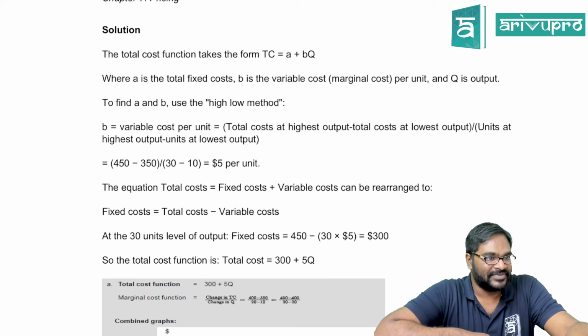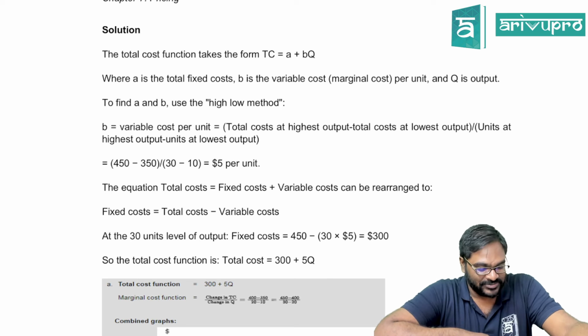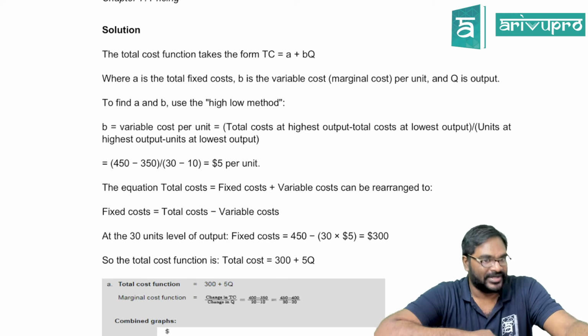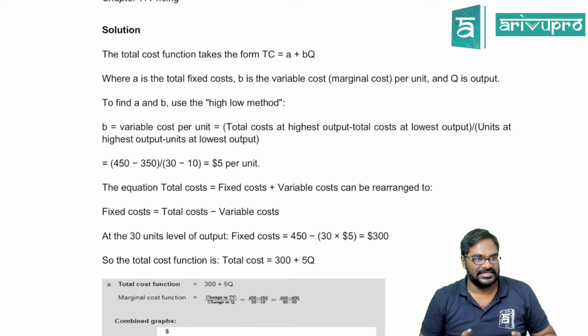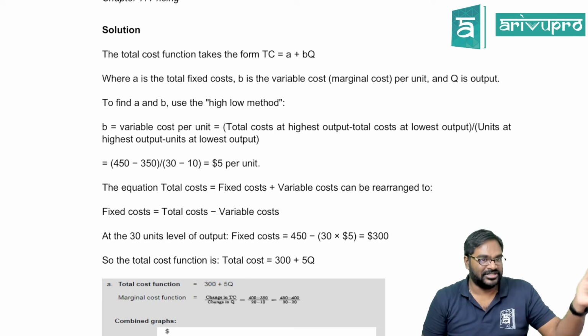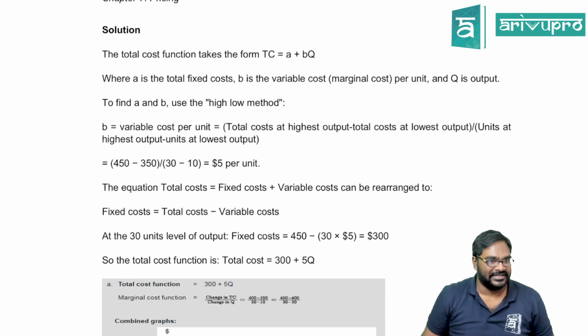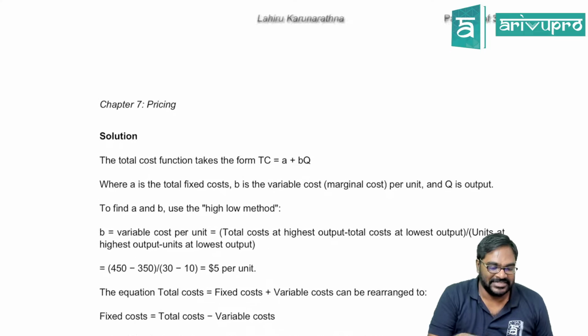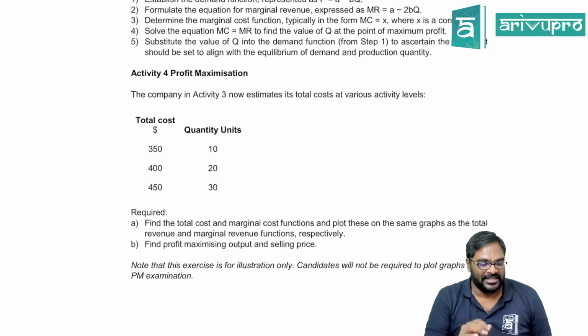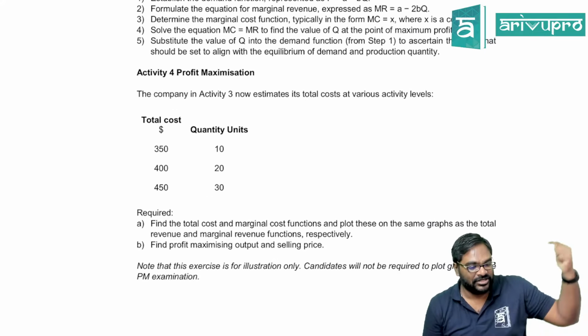To figure out marginal cost, we use a mechanism called high-low method. So under high-low method, what we do is we take the movement of price or the cost divided by the movement of quantity at the lowest and the highest levels. So according to the numbers that are given to us, the highest cost is 450, the lowest cost is 350. So the gap is 100.